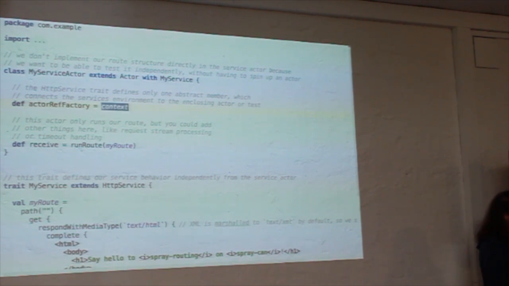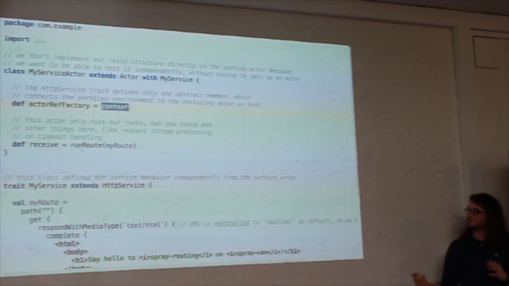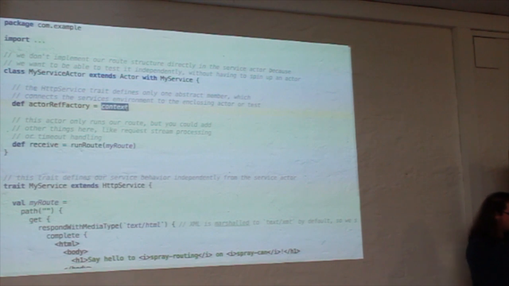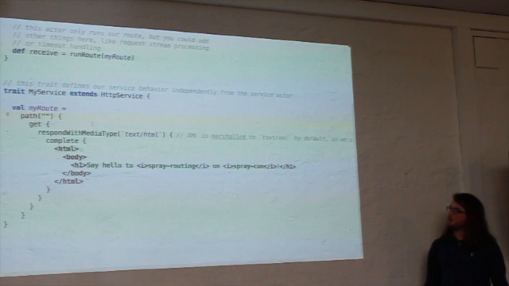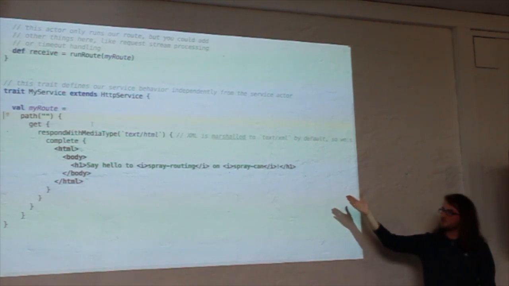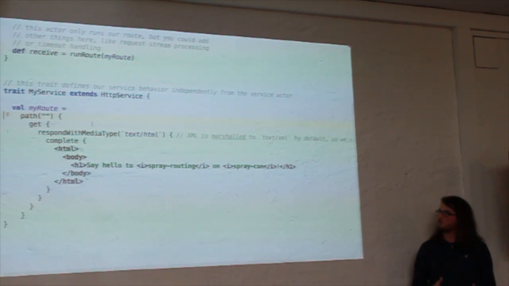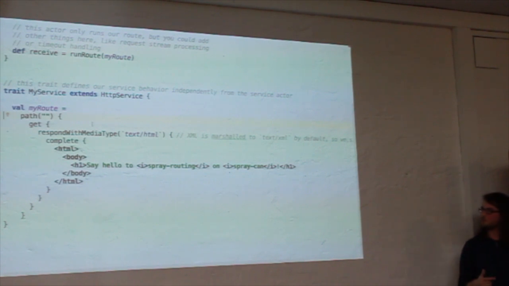And first you need to provide the context as actorRefFactory, so you could be in tests or in production. And then in the standard receive method for actors, you just say runRoute, which comes from spray, and you give it your route. And this is the more interesting part here. This is the actual DSL. So first, for instance here, you specify the path, which is the root path. Then you say you only respond to GET requests.